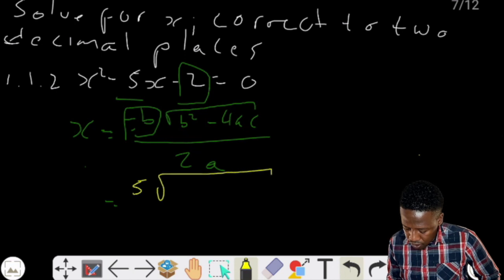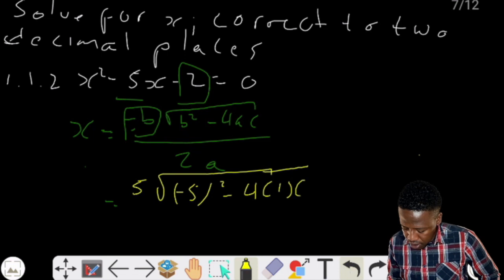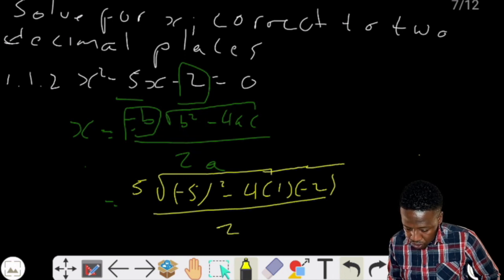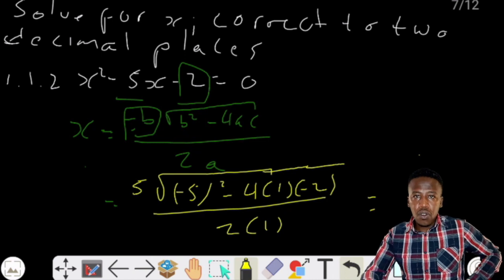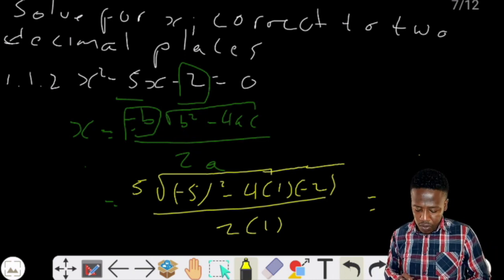Square root of, again, b is negative 5. So it's going to be negative 5 all squared minus 4. Your a is 1, and then your c is negative 2, right? All over 2 times 1. Now from this point on, what you do is just take your calculator.